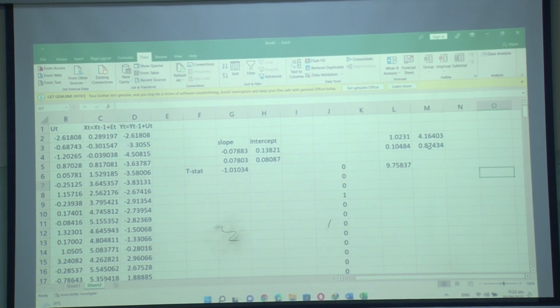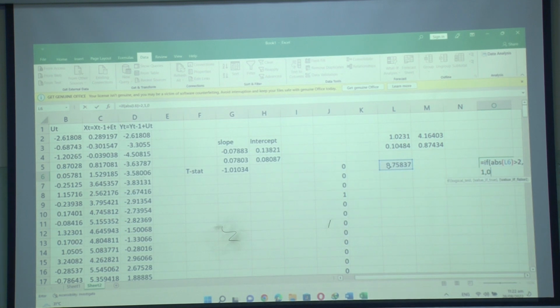And I can ask if this is significant or not: equal to if the absolute value of this thing is greater than 2, it should write 1, otherwise it should write 0.